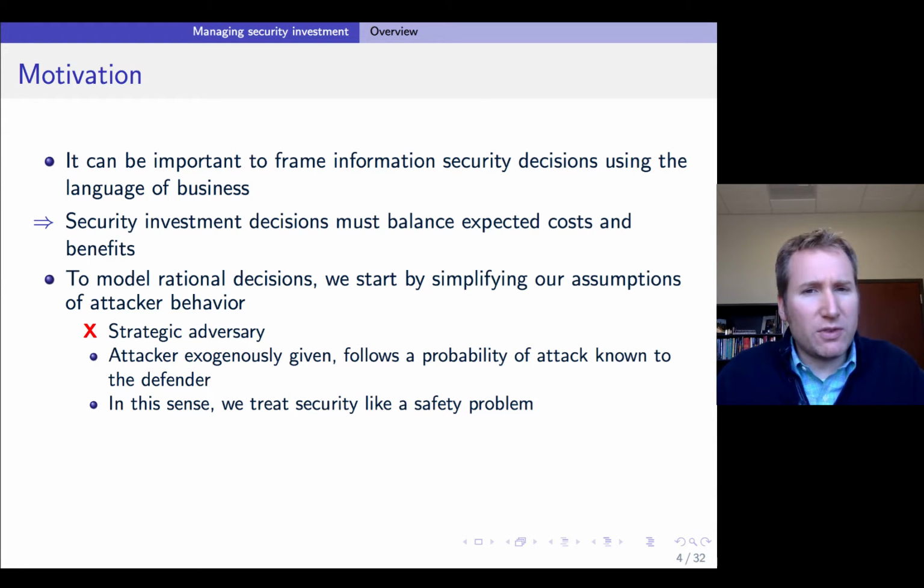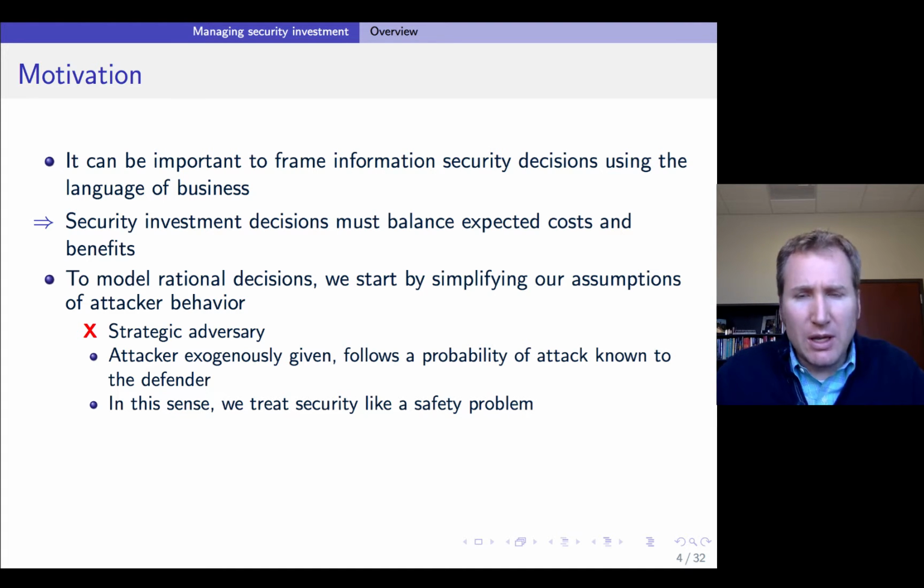To model rational decisions, as we're trying to do in an economics class, we would like to do this in a way that is realistic, but is also tractable.